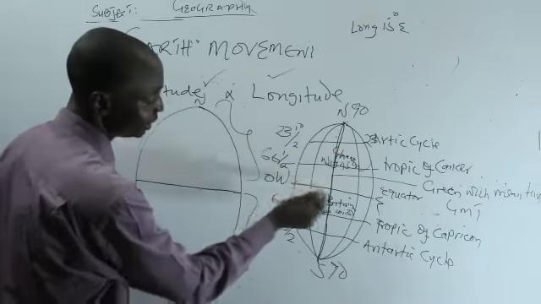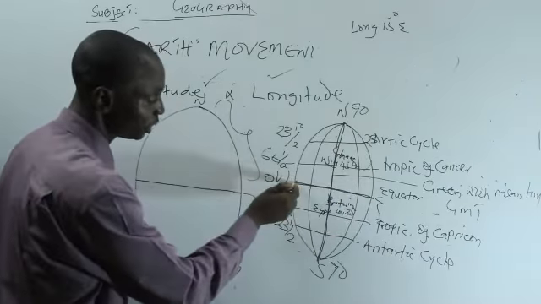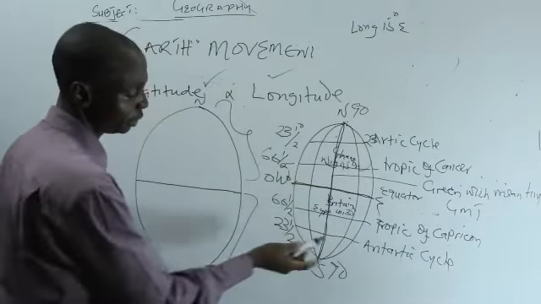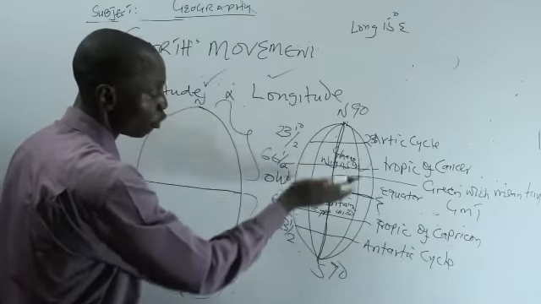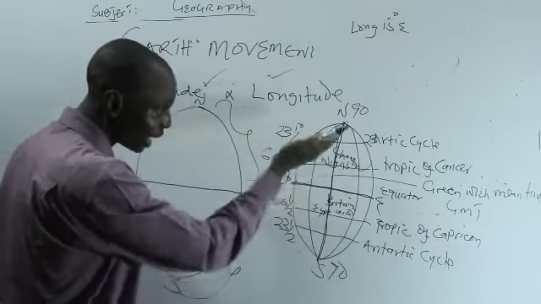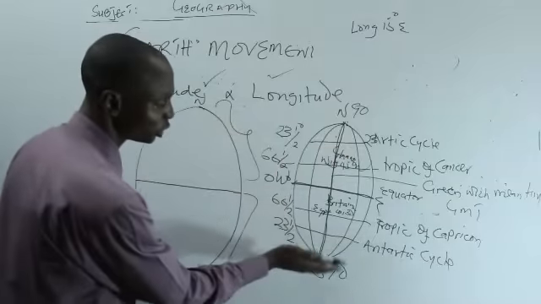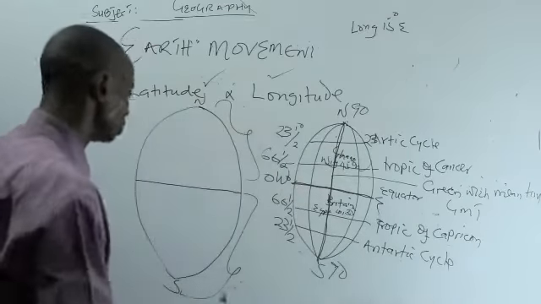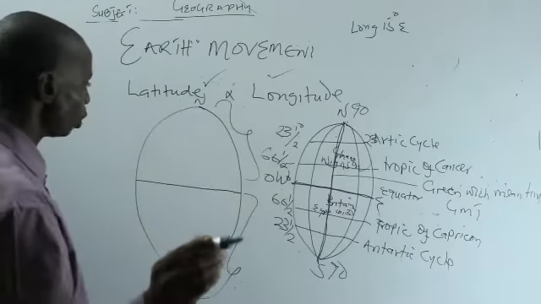They are parallel. This is the equator, latitude 0. All these lines are also called parallels. Another name apart from latitude is called what? Parallel of the equator, because they are parallel to what? To the equator.